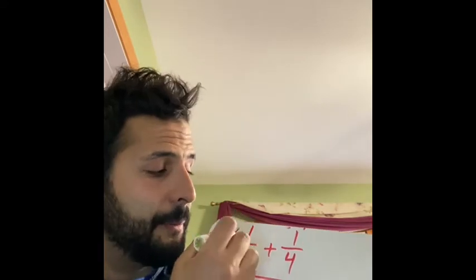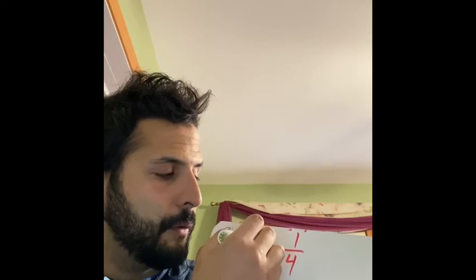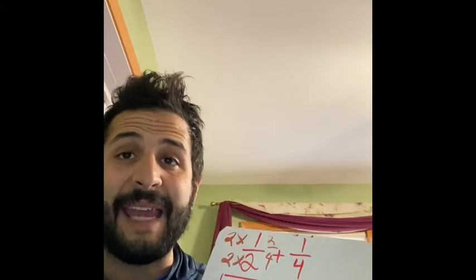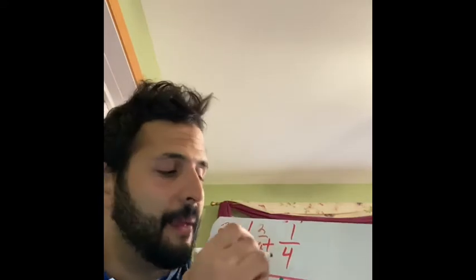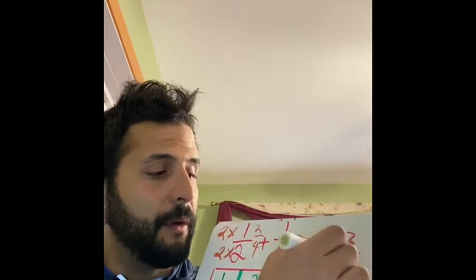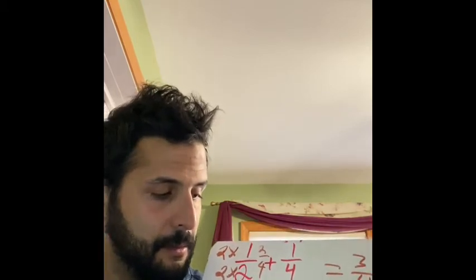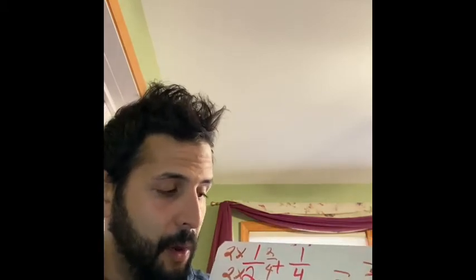Because if I multiply this by 2, that would give me 2/4. Now I can add that up. That would then be 2/4 plus 1/4. That would give me 3/4, which makes sense, because if I'm adding this piece, okay, plus one of these pieces, that will give me this total answer right here, okay?